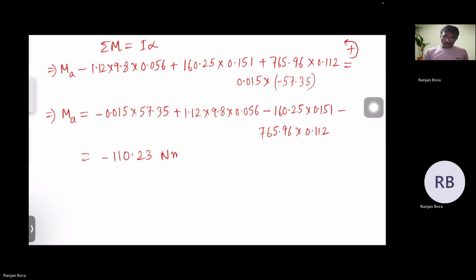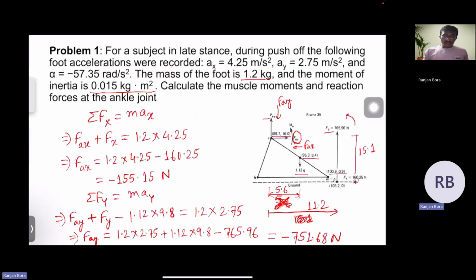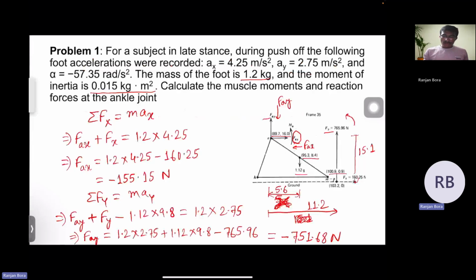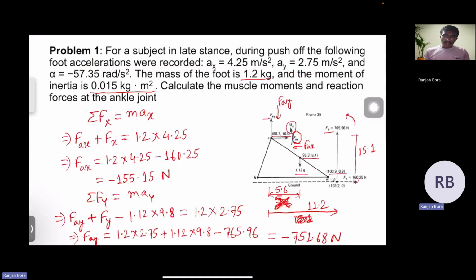That means here in this figure the moment was given in the anti-clockwise direction, but we are getting the moment as a negative value. So the actual direction of moment will be in the clockwise direction. Moment will be in this direction. Okay, so we have found out the reaction force and reaction moments at the ankle joint.